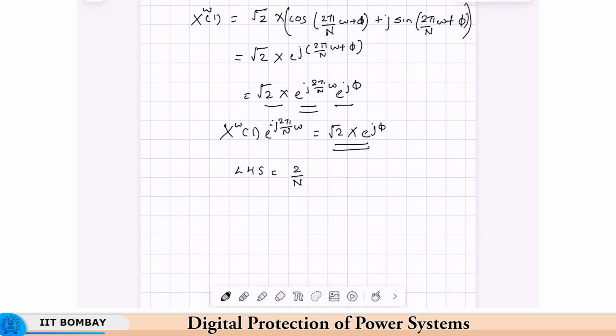2 by n, sum over k equal to 0 to n minus 1, x of k plus W, e raised to, and this is k.